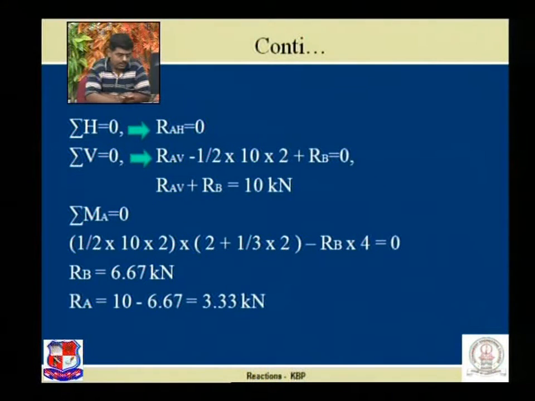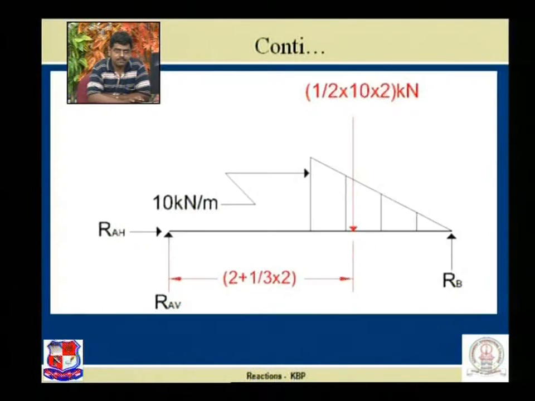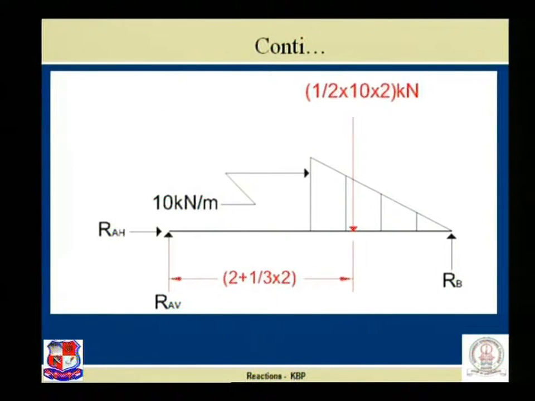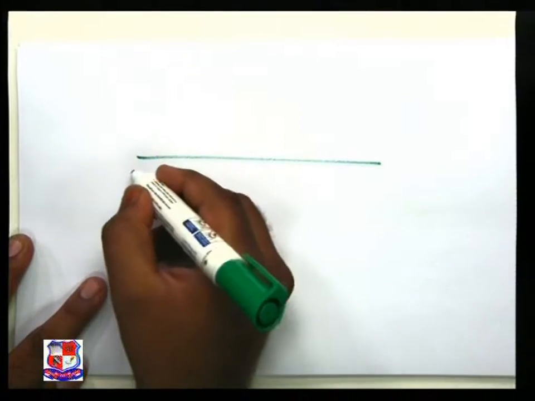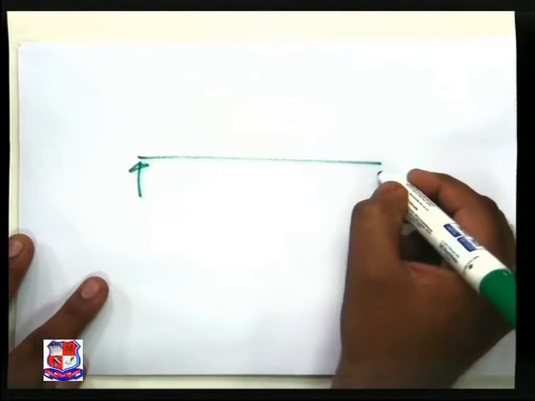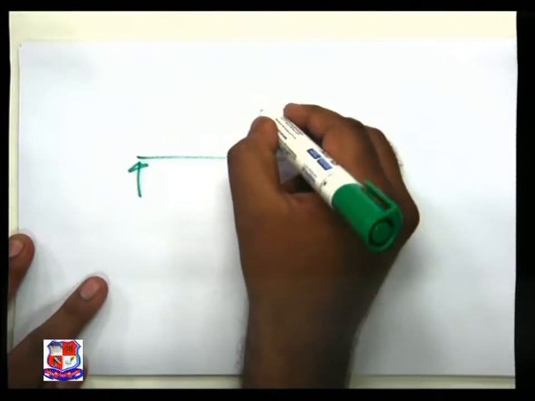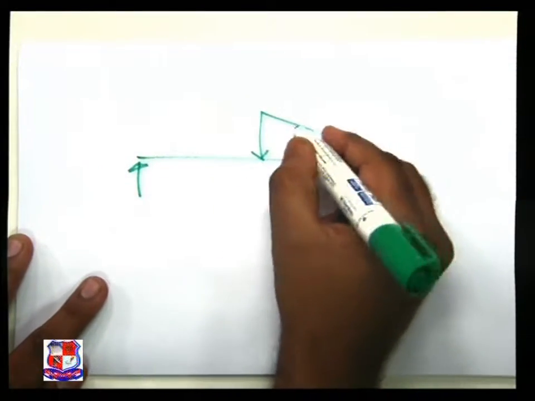Now let us see the figure. Let's take up this problem here. Given a simply supported beam having a UVL.